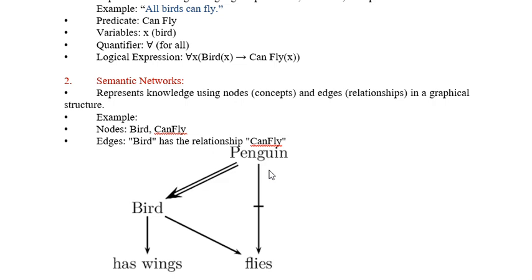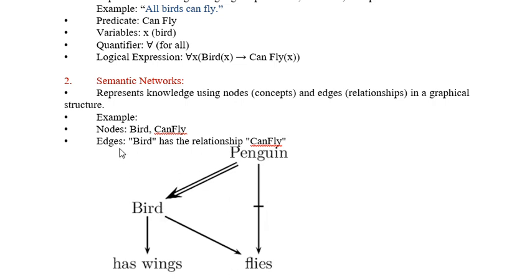What is the relation between bird and flies? What is the relation between bird and penguin? That is the relation between the nodes, which is the edge. So we represent the knowledge using the nodes, which are the concepts, and edges, which are the relationships, in a graphical structure.